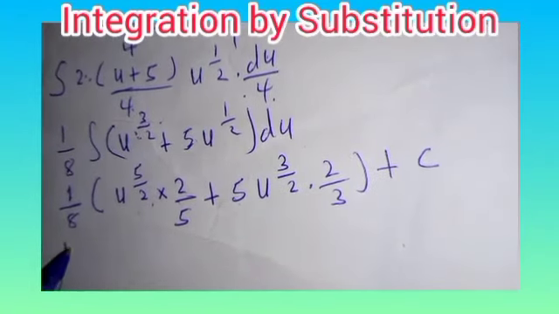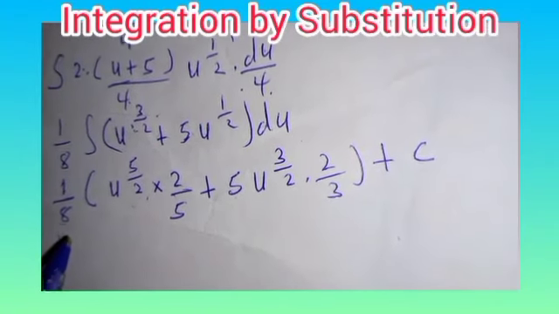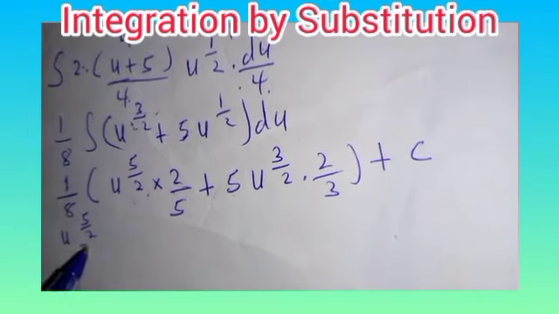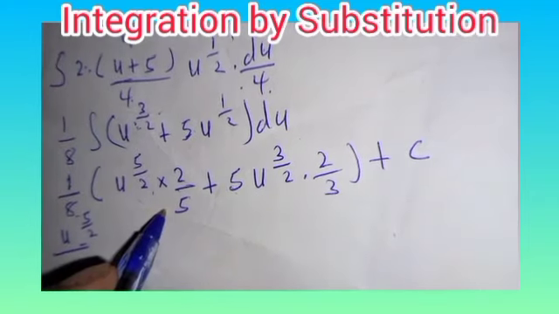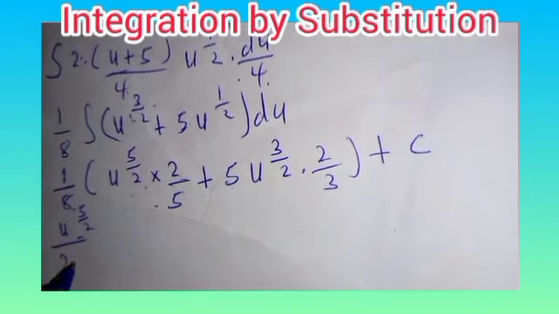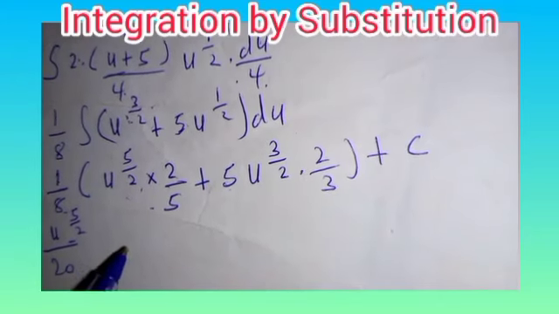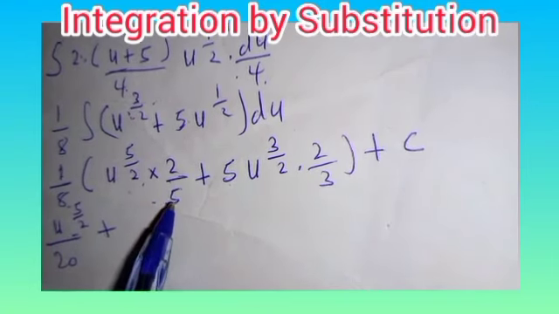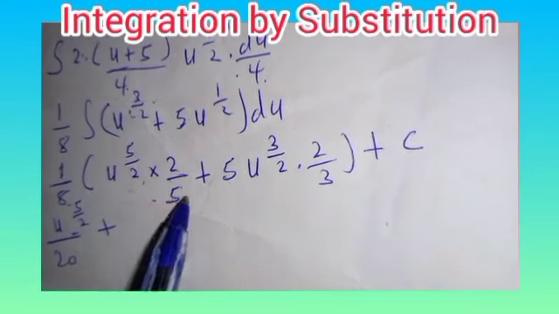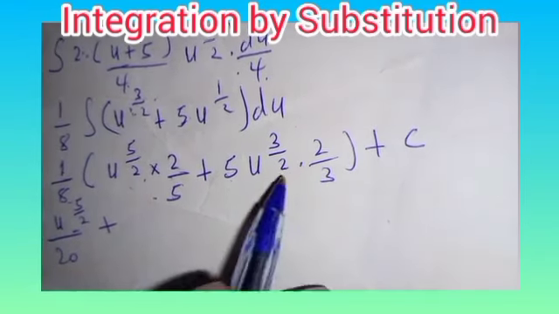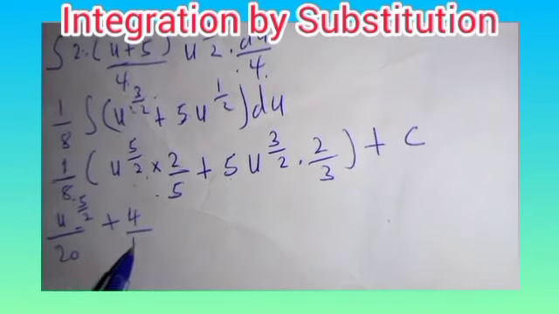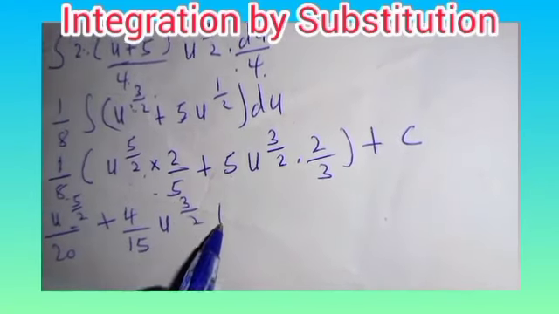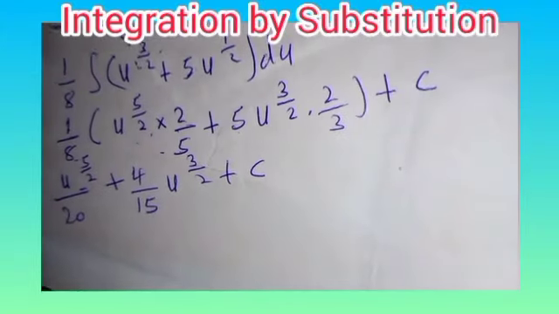We are going to have u power 5 over 2 divided by, this is 40, after dividing by 2, it will give you 20, plus, here you have 2 times 3 is 15, 2 times 2 is 4, so you have 4 over 15 u power 3 over 2 plus c.